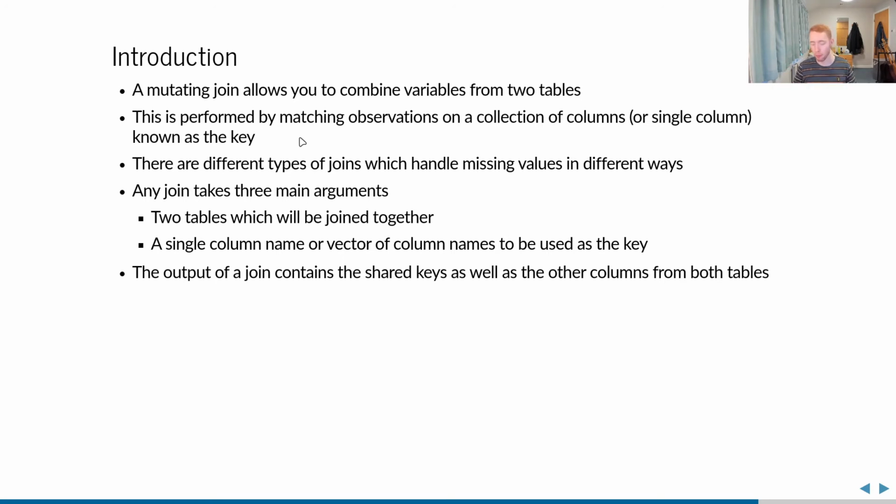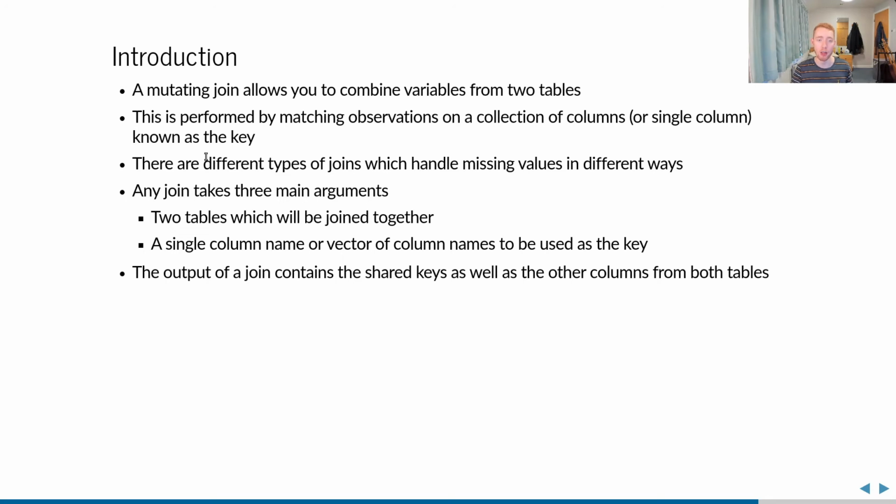So we have two tables, and we have the key in both of those. We match up where the keys have the same value, and then use that to share values from each table across a single observation. There are many different types of these mutating joins, and they differ in how they handle missing values. But there's a common thread between all of them, and that's they take three main arguments.